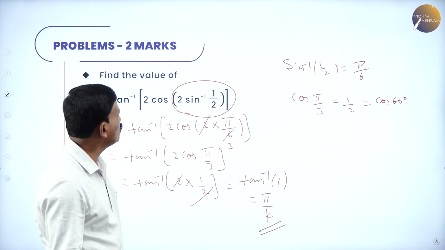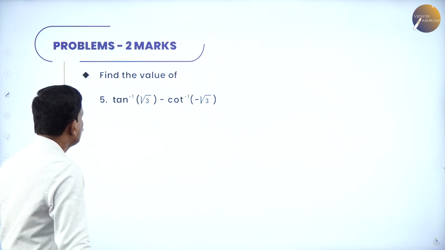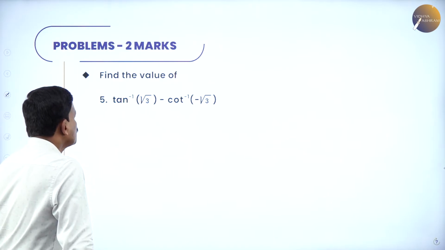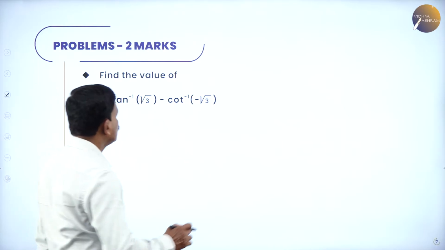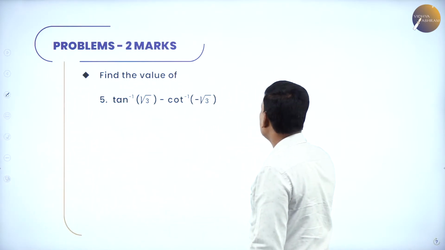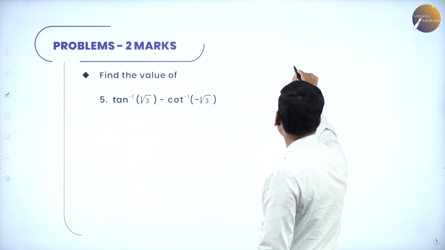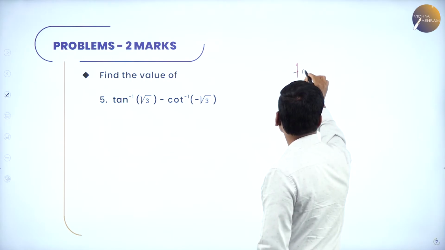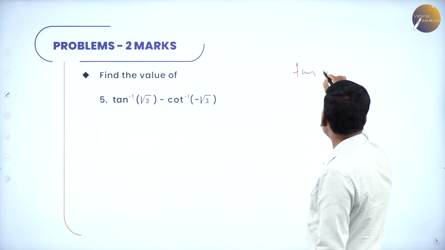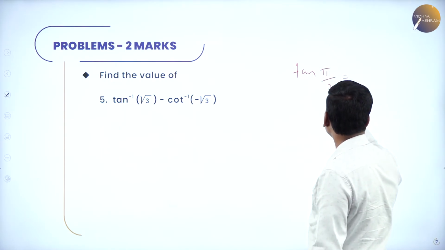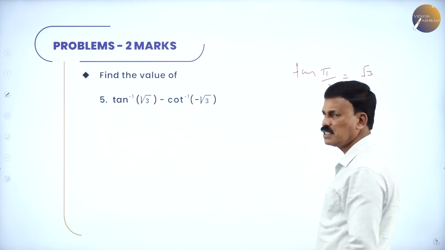What is the next problem? Find the value of tan inverse root 3 minus cot inverse of minus root 3. Now, first find out the value of tan inverse root 3. What is tan 60 degrees? Tan pi by 3 is equal to root 3.